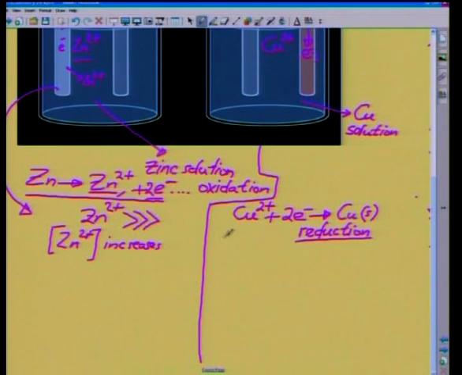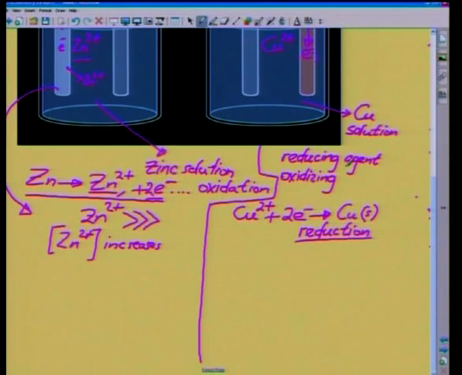Now, let's look at these two terms. Remember the two terms we looked at when we started: reducing agent and oxidizing agent. We said that the reducing agent is the substance that donates or loses electrons.